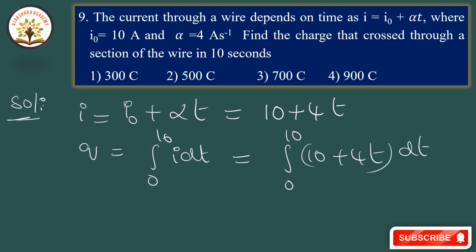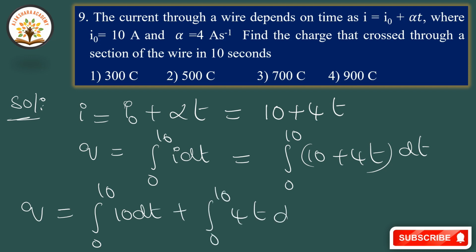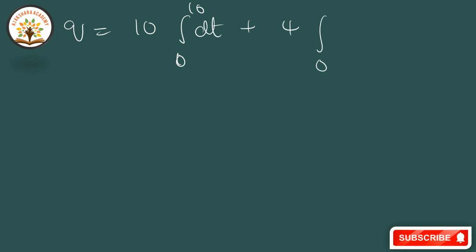So this can be done as q equal to the integration from 0 to 10 of 10 dt plus the integration from 0 to 10 of 4t dt. Now 10 is a constant, so integration of 0 to 10 dt, plus 4 is a constant, and integration of 0 to 10 t dt.